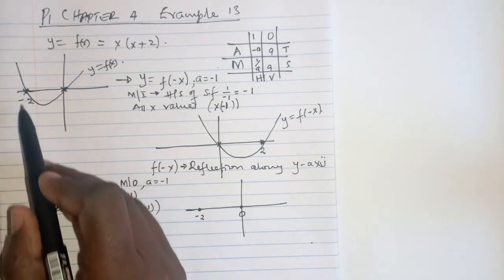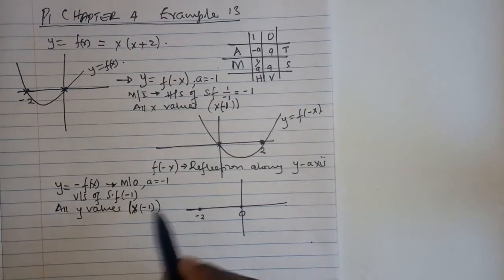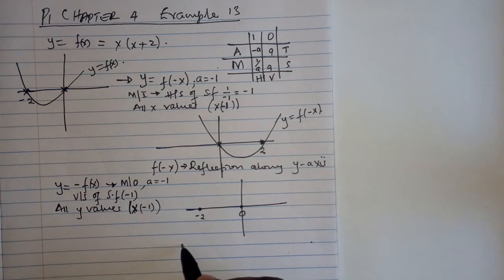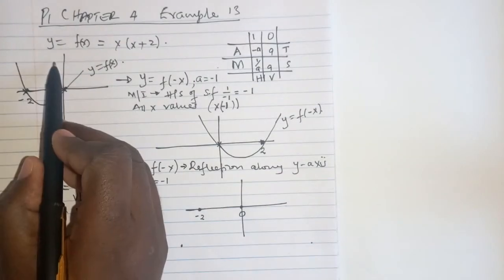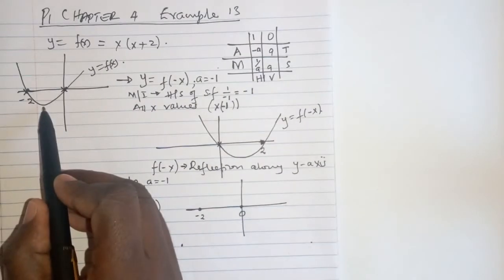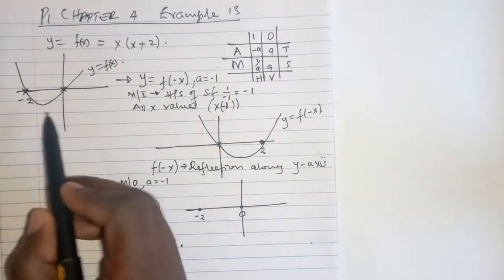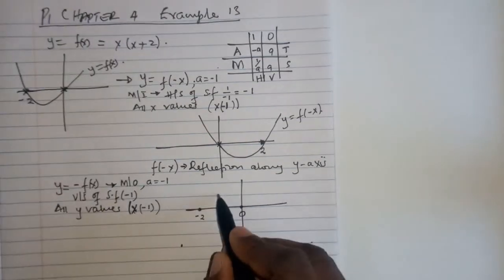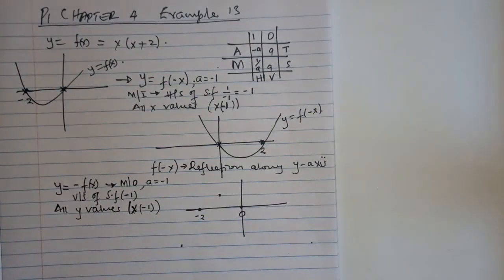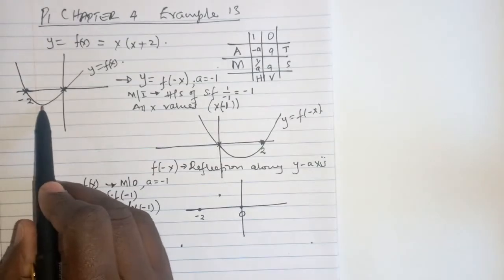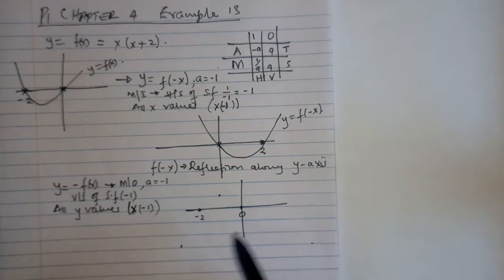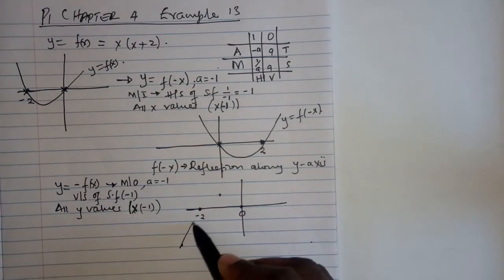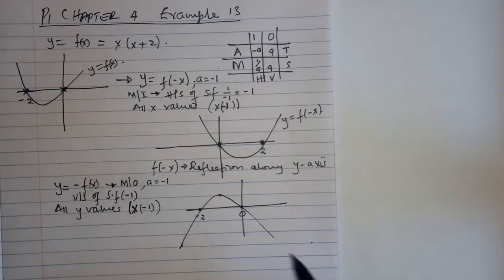Positive multiplied by negative 1 becomes negative, the corresponding negative of what the positive was. Y here was negative, and negative times negative 1 becomes positive. So again, our graph looks like that.